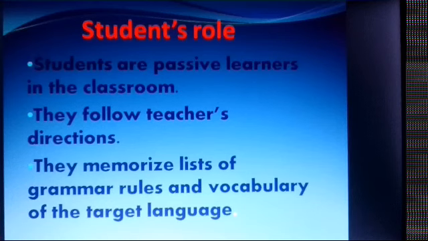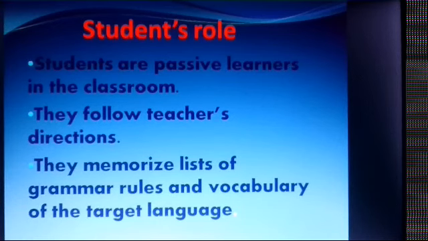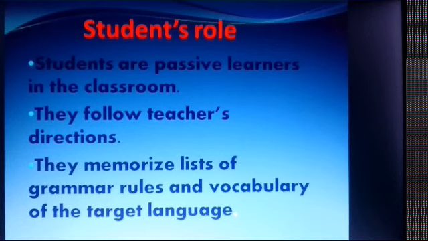That means a student has to follow what his teacher says in the classroom. Number 3, they memorize lists of grammar rules and vocabulary of the target language. A lot of words are memorized by a student to learn the target language through the grammar translation method.